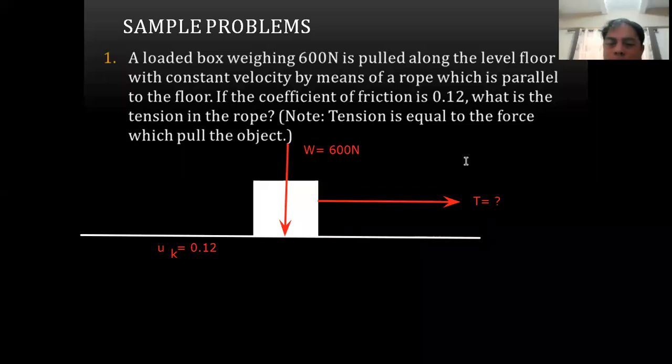We illustrated a box that is weighing 600 newtons. There's tension that pulls it to the right. We can draw the rope or tension going left, but let's just assume that it is being pulled to the right. There's a mu sub k equal to 0.12, and that is our coefficient of kinetic friction present between the box and the floor.